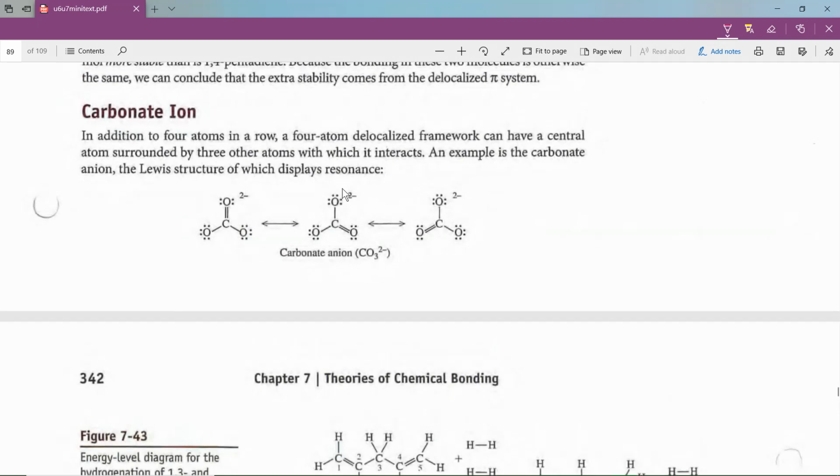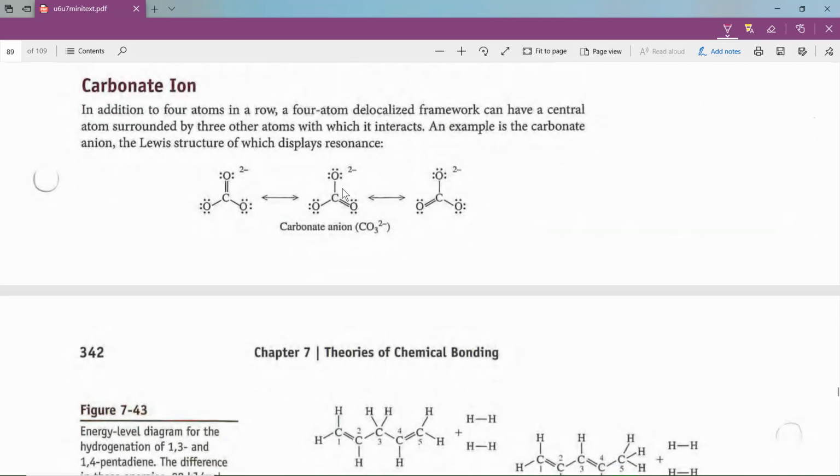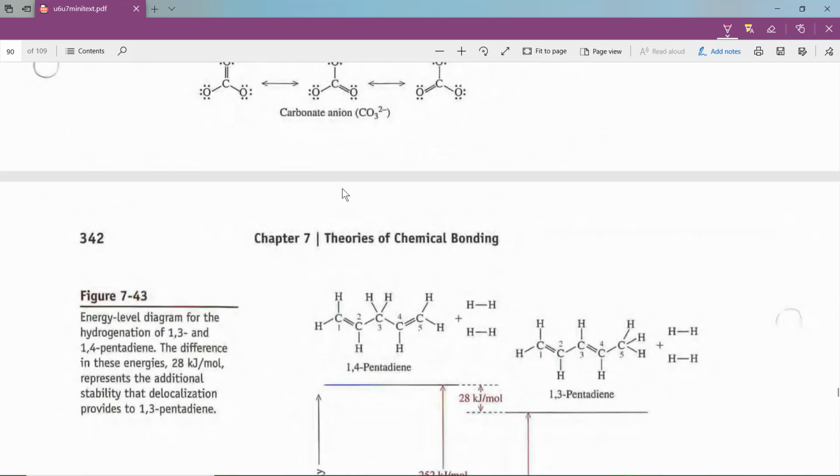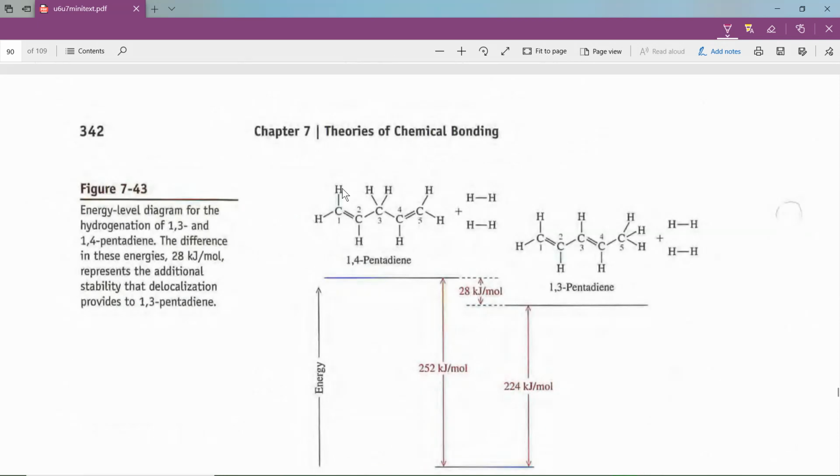Carbonate. You have the Lewis structure, so you got single, double. Well, page 342. I don't really see why 4-atom delocalization network can have a central atom surrounded by 3 other atoms with which it interacts.